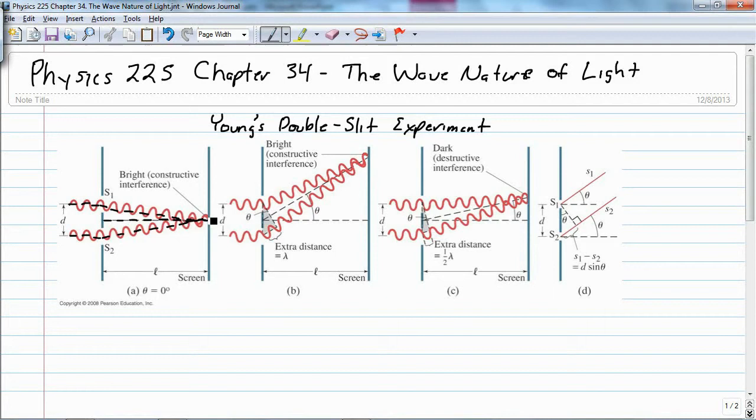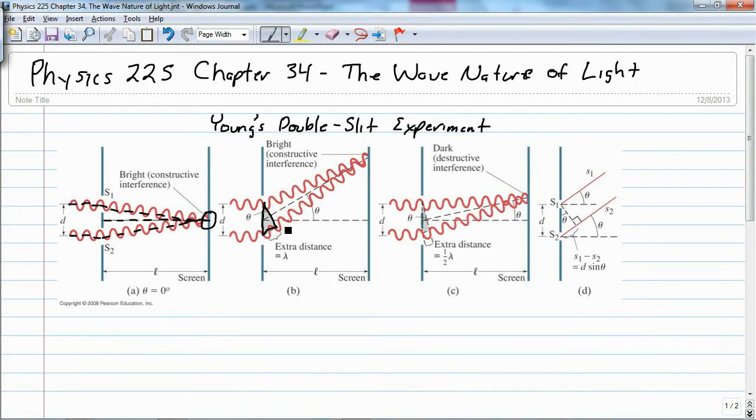And so we get constructive interference at the center point. Now, there are locations where you get a little extra wavelength distance. If we were to draw a triangle here, notice that here you have a wavelength extra.